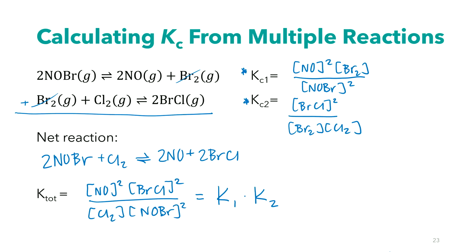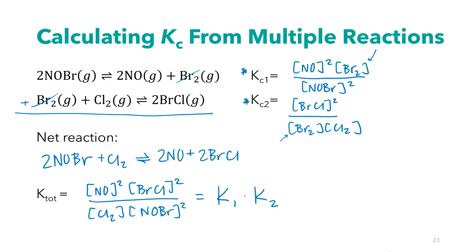All right, so why does that make sense? Well, if I take K1 times K2, my Br2 that was a product before is now a reactant. And so when I bring those two together, they cancel. And I'm left with my net reaction.